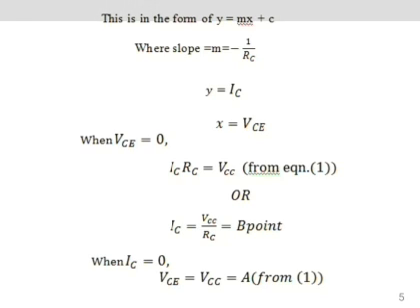This is in the form of y equals mx plus c, where slope m equals minus 1 by RC, y equals IC, x equals VCE.